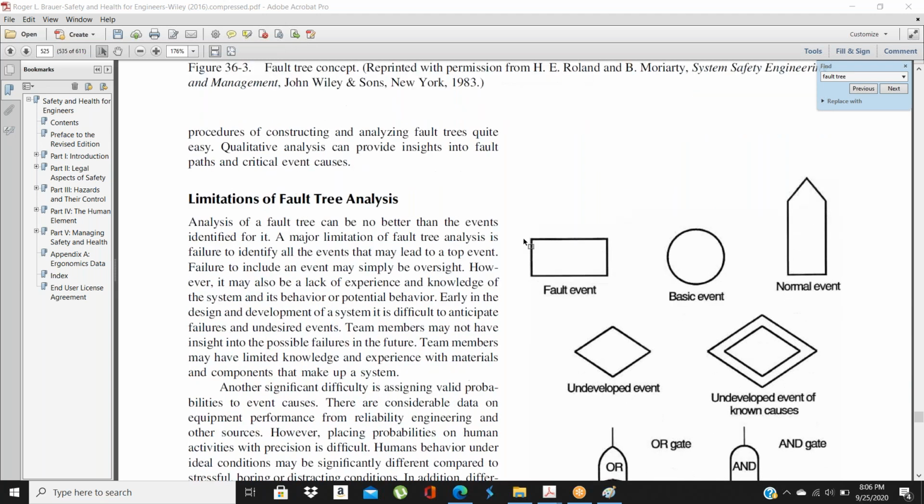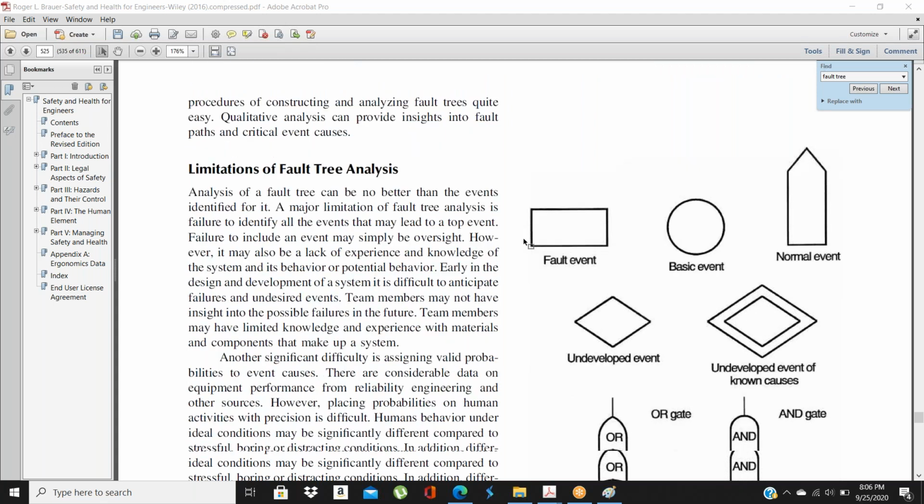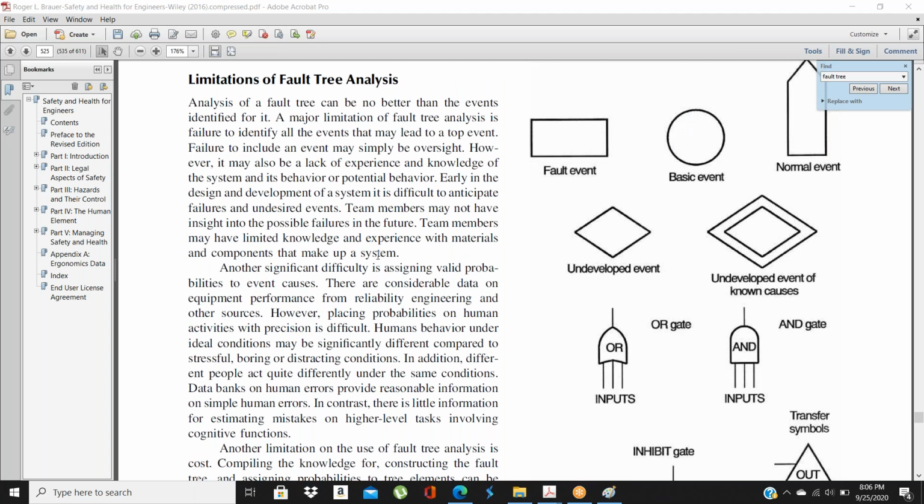The limitation of fault tree analysis. What should be the limitation of fault tree analysis? Maybe all the events we did not identify. Maybe there is a chance that the people are incompetent. So this type of chances are there. Maybe some events are oversight. Maybe some event we did not give importance. So this is the limitation of the fault tree analysis. Maybe people don't have the knowledge.